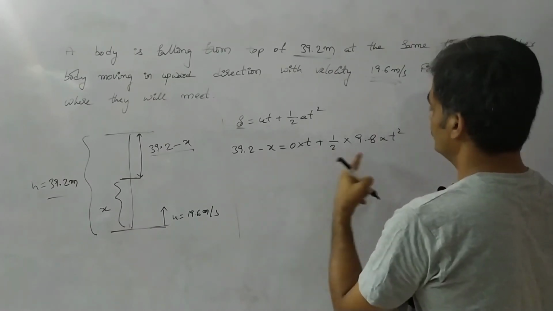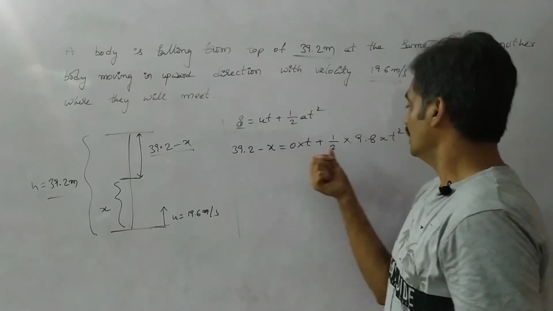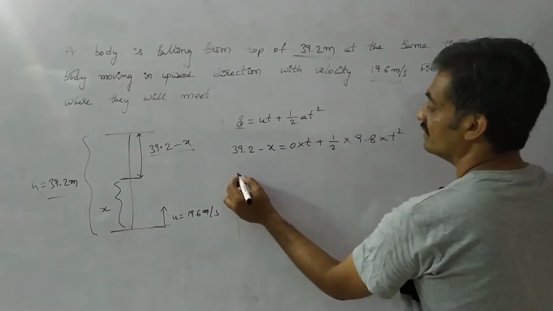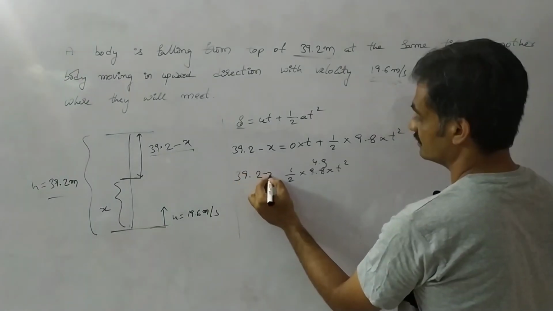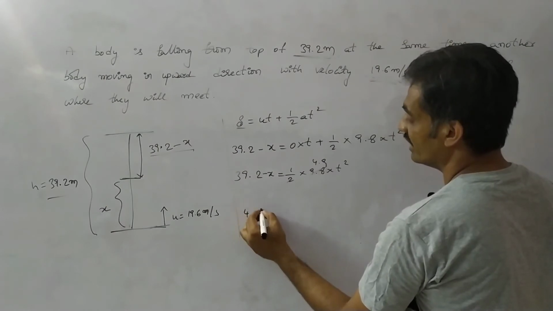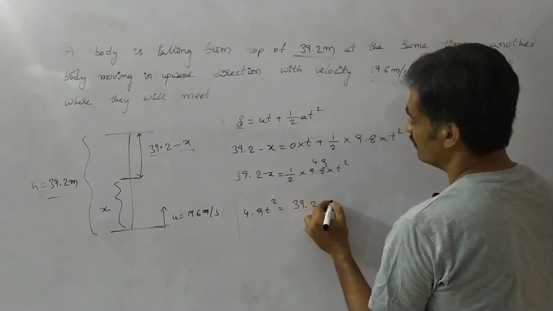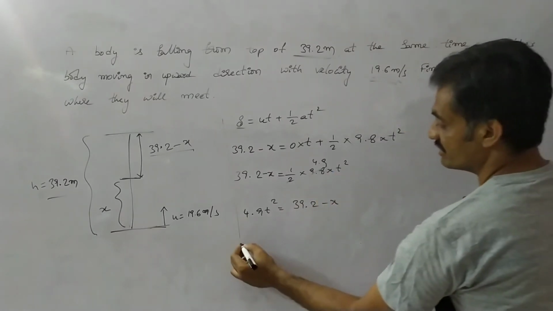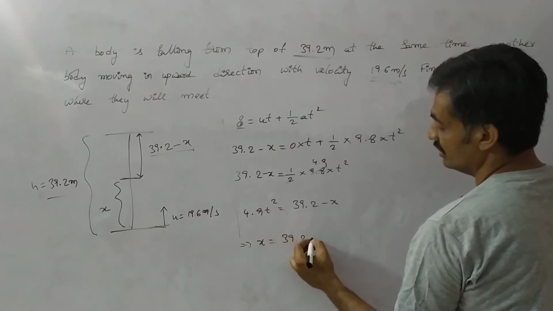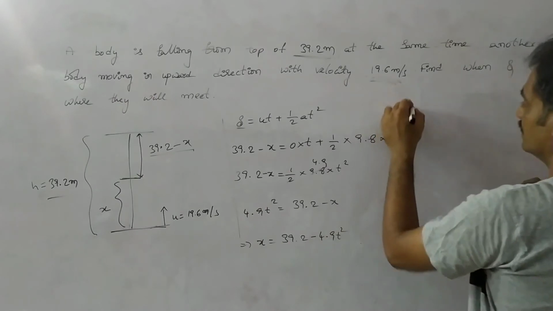Why do we consider 9.8? Observe that it is in the form of decimals, so if we consider the decimal value, we can solve this equation automatically. Then we have 4.9 t square equals 39.2 minus x. From this equation, we have x equals 39.2 minus 4.9 t square.